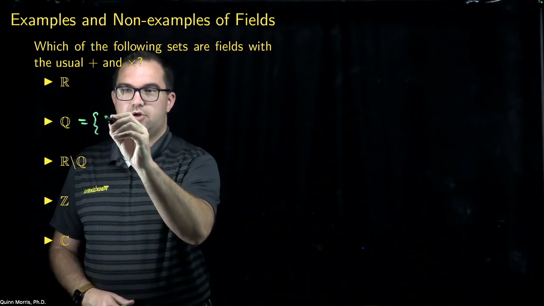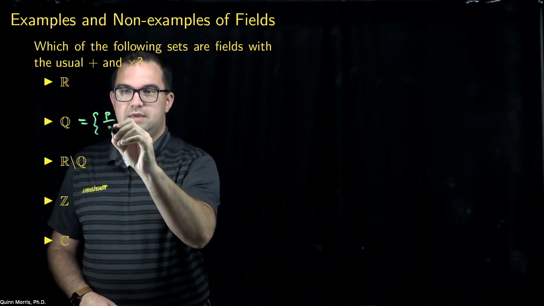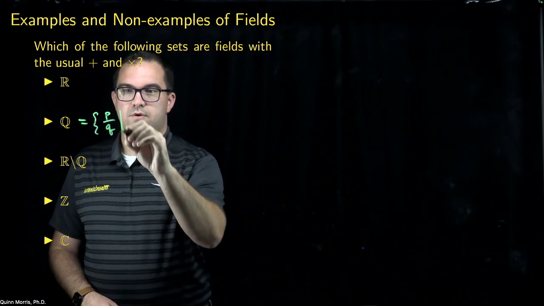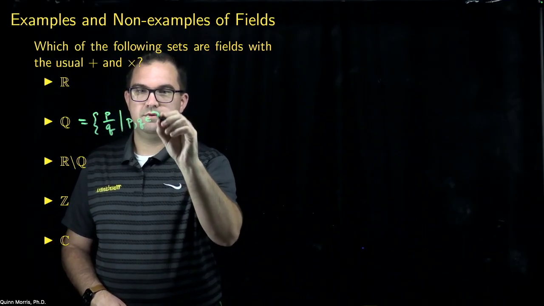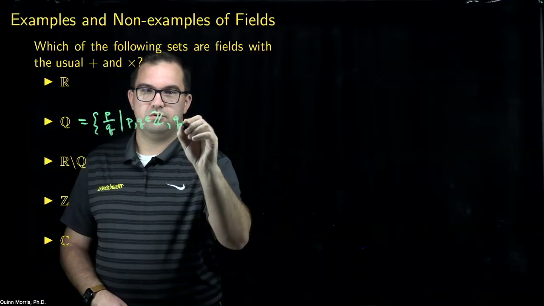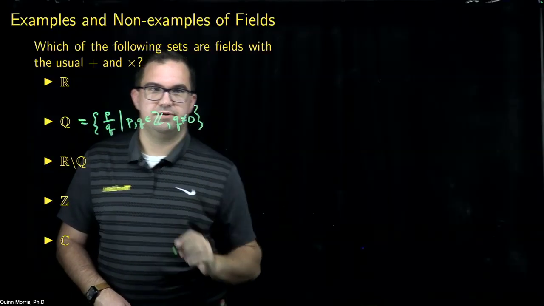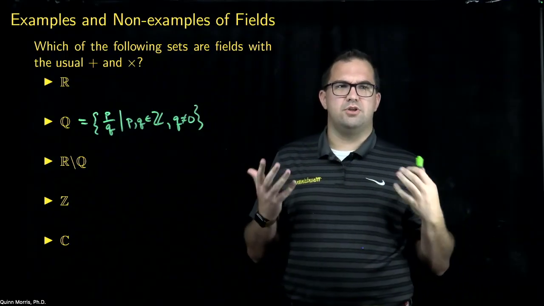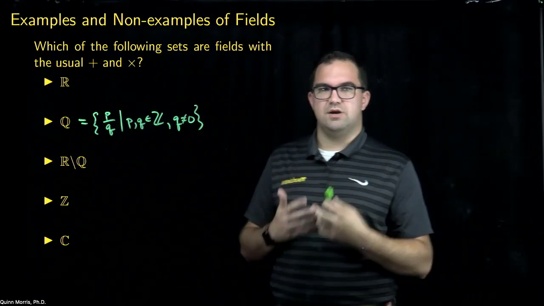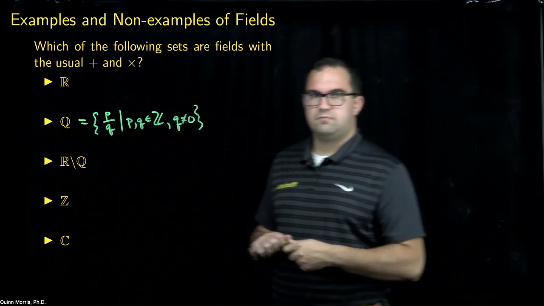So this is just all the numbers of the form p over q, where p and q are integers. And of course, I don't want that denominator to be 0. So these are all the fractions, all the numbers that can be expressed as ratios of two integers.